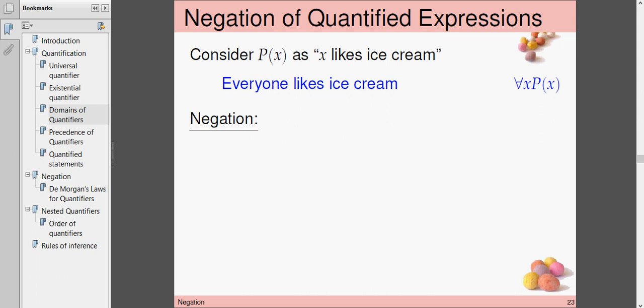Consider B(X) is X likes ice cream. So the function is X likes ice cream. For each X, B(X): everyone likes ice cream.